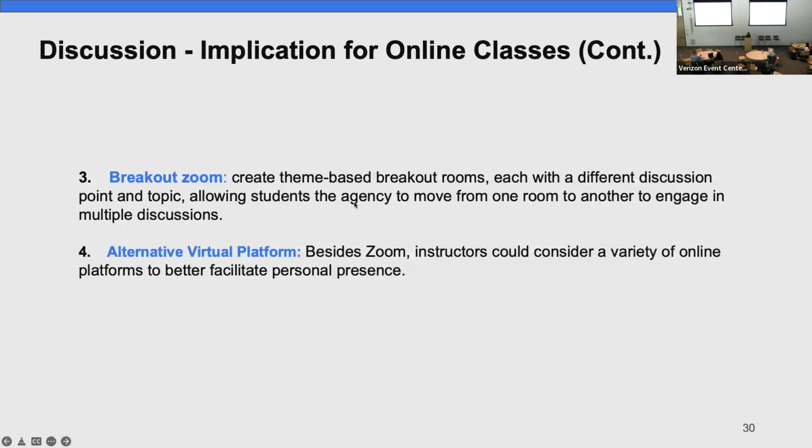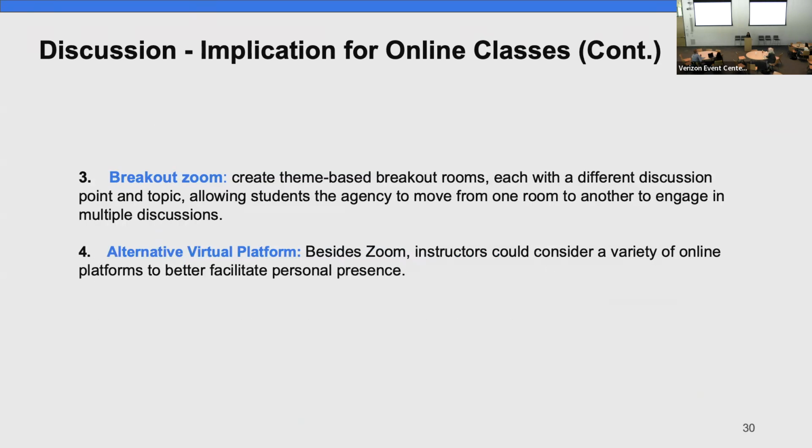And the third part, we think that it's important for instructors to create theme-based breakout rooms. We suggest that each breakout room can start with a different discussion topic, and instructors should allow students the agency to move from one room to another to engage in multiple discussions.